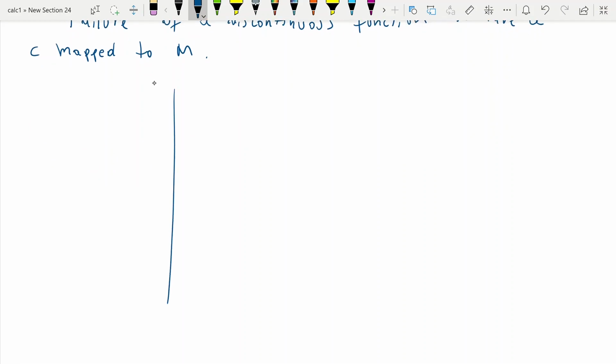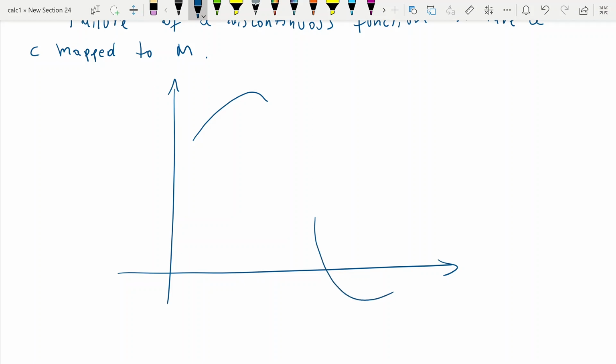So let's look at a different graph. Here we have some function like this, and this is a down here, and this is b, and so f of a is this number, and f of b is this.